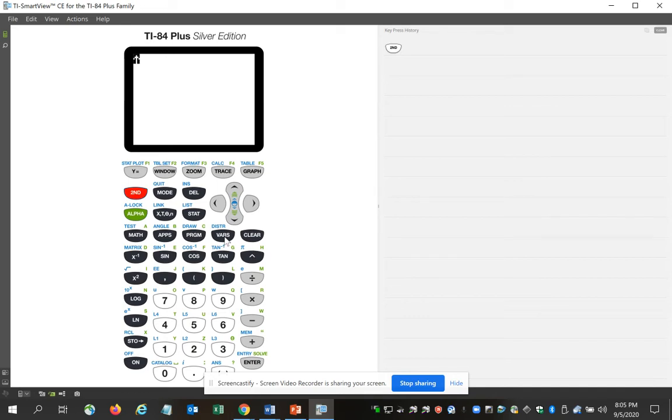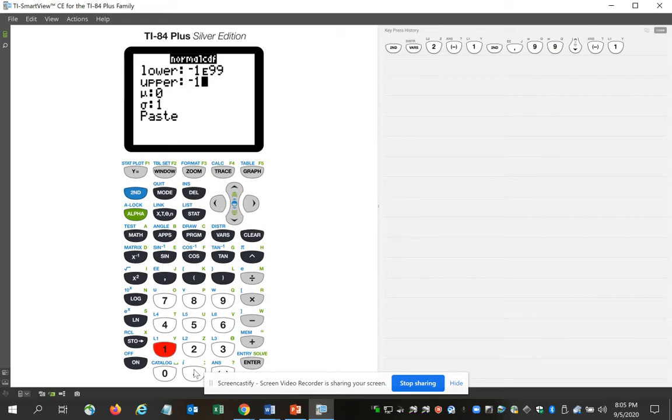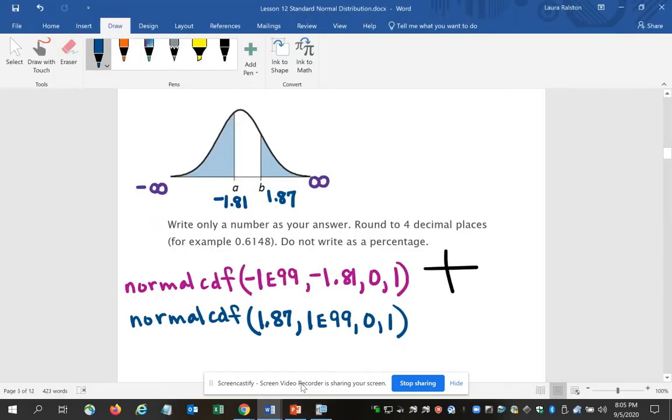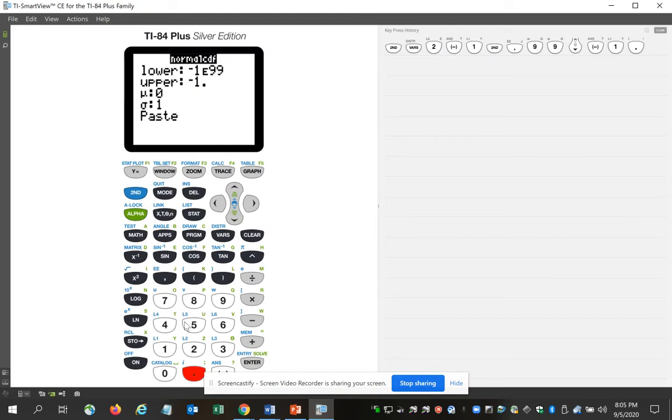Second vars, normalCDF is option 2. For the left region, I need negative infinity, so it's negative 1, second, comma, 99, 2, negative 1.81, let me double check my number, negative 1.81, mean of 0, standard deviation of 1, and I paste.